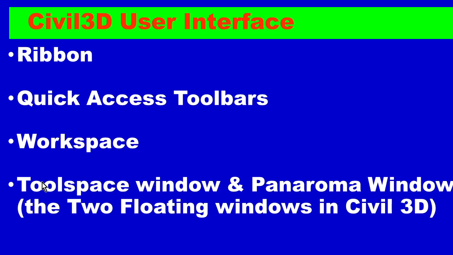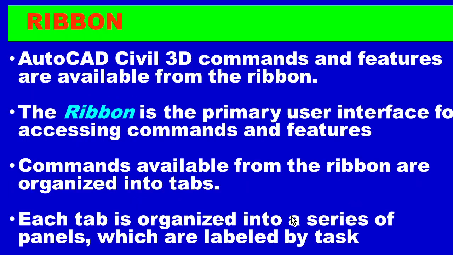Okay, in workspace, two windows are there, tool space window and panorama window. So we will see both of them, but we focus on the tool space window because we have to start with this. After doing something, we will go to panorama window. Okay, so these are the two floating windows in Civil 3D.